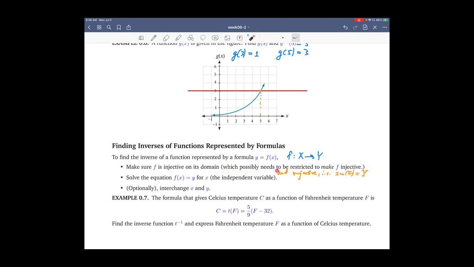Your function may possibly need to be restricted to make it injective if it's not already injective. A function that's not injective doesn't have an inverse. Being injective is necessary to have an inverse. Then you simply solve the equation f at x equals y for x.